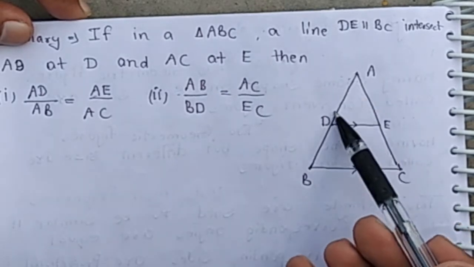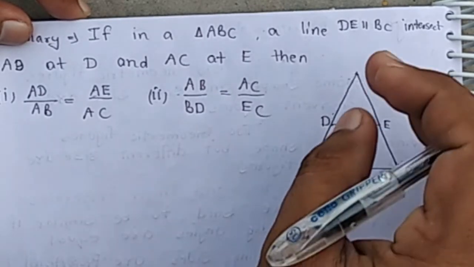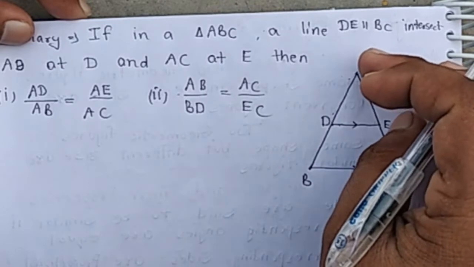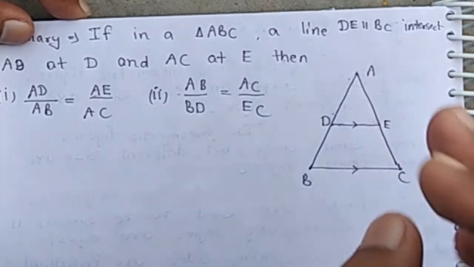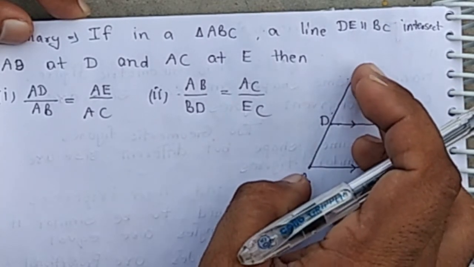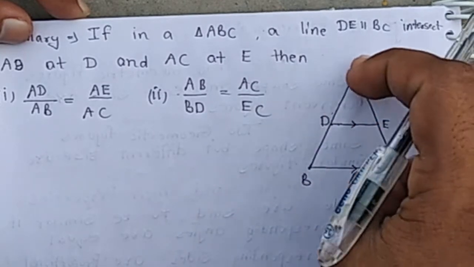Means AD by AB is equal to AE by AC is the first part, and second, AB by BD is equal to AC by EC.